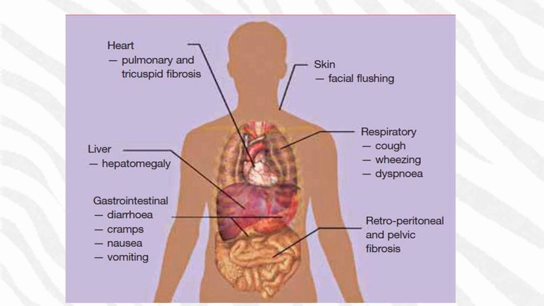But these are fairly common symptoms that you would see, especially with carcinoid: hepatomegaly of the liver. In the gastrointestinal tract, diarrhea, cramps, nausea, vomiting. With the respiratory system, cough, wheezing, and dyspnea, facial flushing in the skin, and then pulmonary and tricuspid fibrosis within the heart.